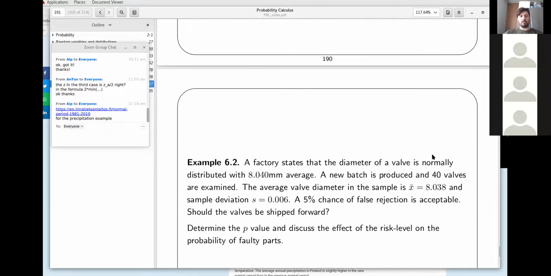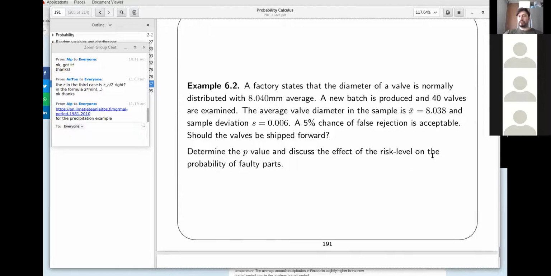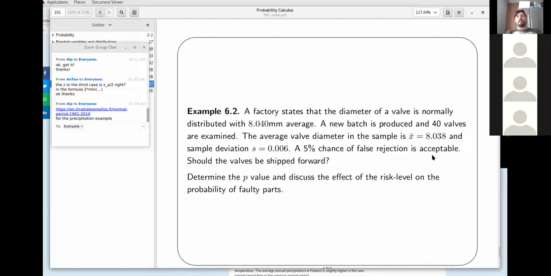And here's an example. I'm not going to go into great detail, but let's say the factory states that the diameter of a valve that they are making is normally distributed with an 8.04 millimeter average. A new batch is produced and 40 valves are examined. The average valve diameter in this sample is 8.038, and the sample deviation is 0.006 millimeters.